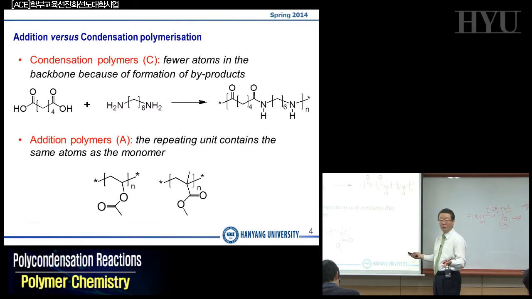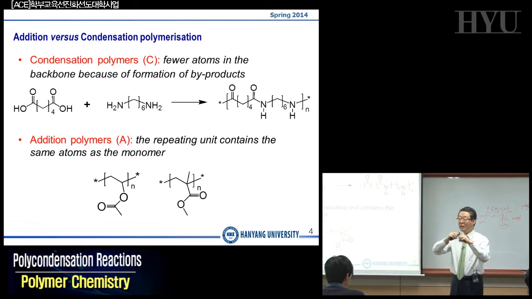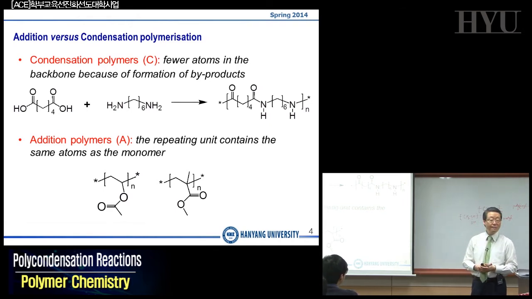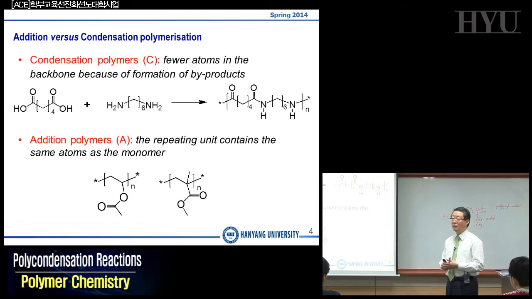You do not have any byproduct in this case because your double bond will be broken into two pieces, which might be radicals or ions, carbanions or carbocations. Carbanion, carbocation or radical can be formed depending upon your monomer and also the catalyst.